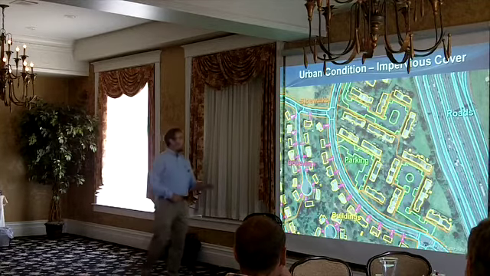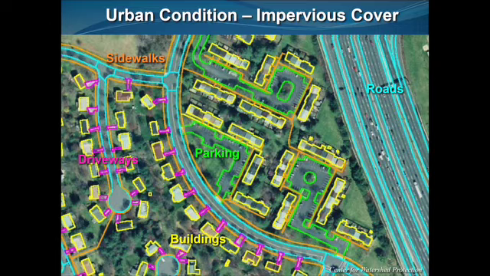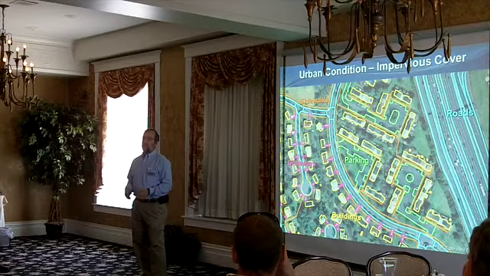We build roads, sidewalks, houses, rooftops, parking, mostly hard surfaces where there used to be vegetation. We'd probably level this land. We're going to be talking about that. We changed the topography. We completely changed the natural runoff characteristics.